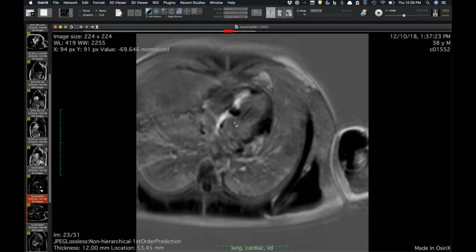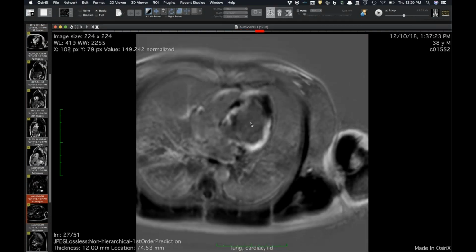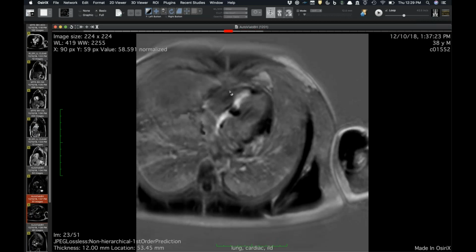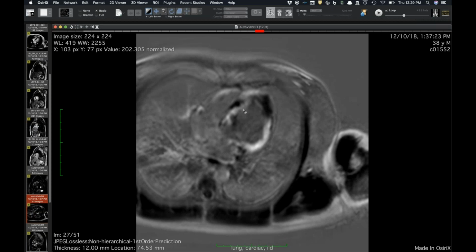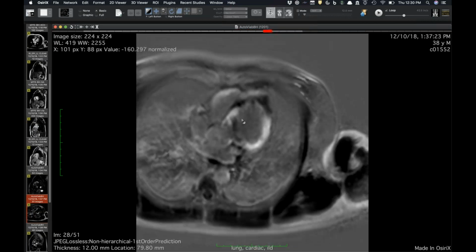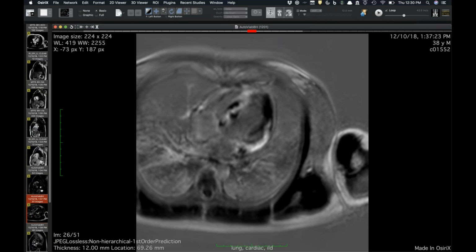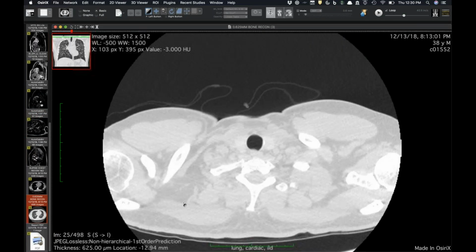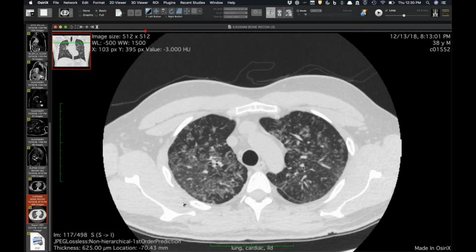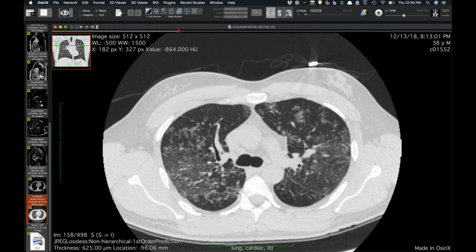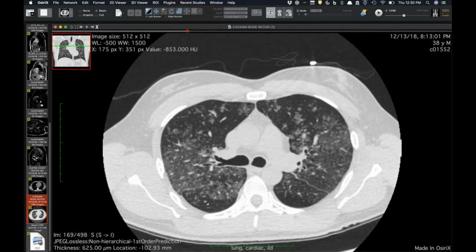So this is all patchy, some areas of transmural, some areas of subepicardial or subendocardial, and even the RV you can see. And I think Jeff has shown a couple of cases of profound enhancement in the setting of sarcoid. And of course, then they did the CT of his chest, and you'll see here a gorgeous example of sarcoid with tons and tons of tiny little nodules in a perilymphatic distribution.